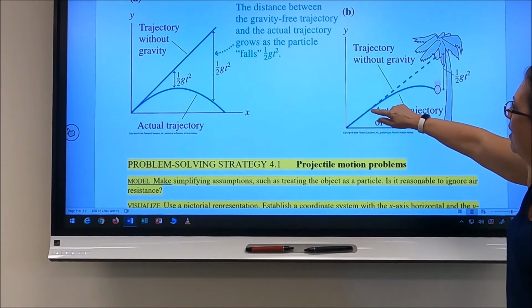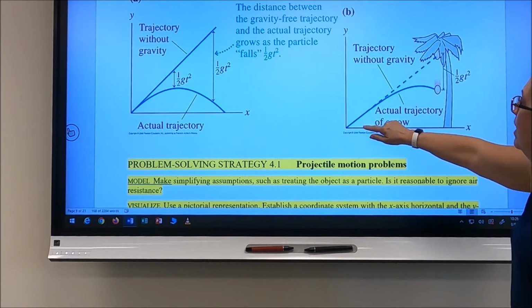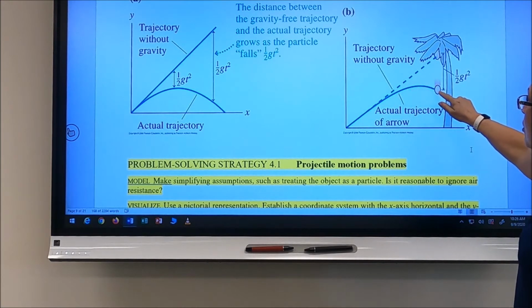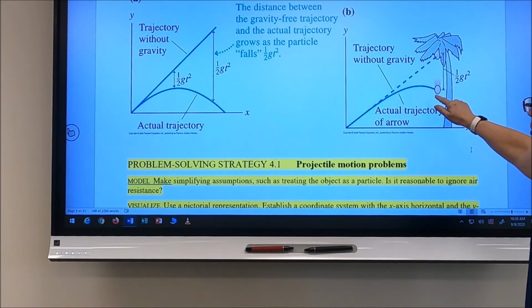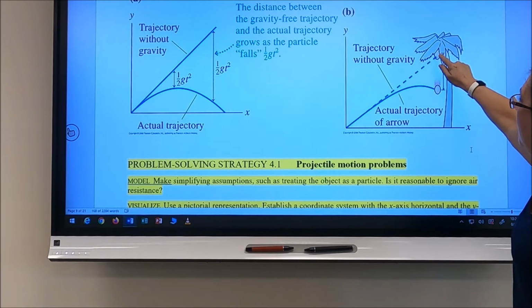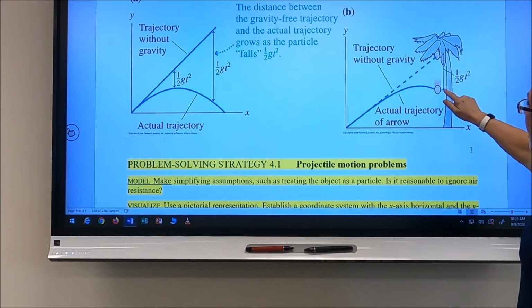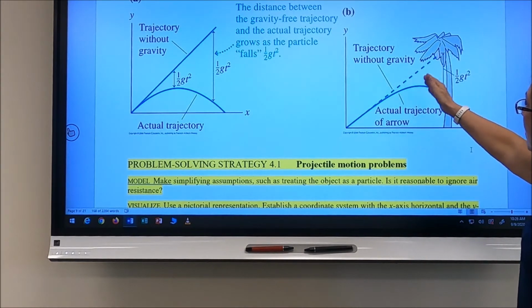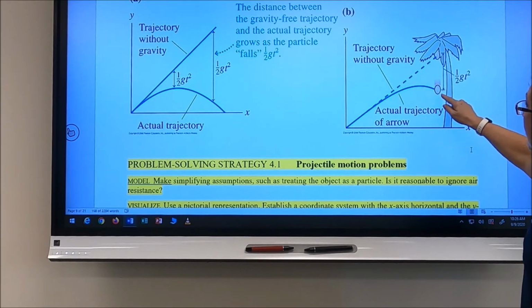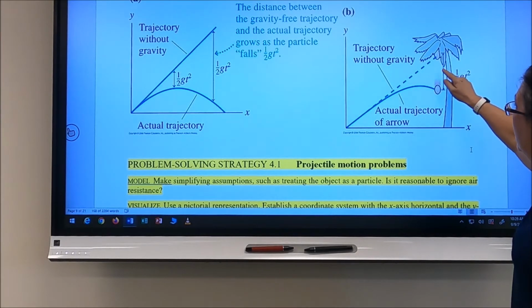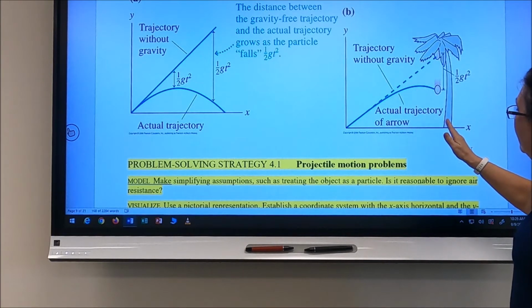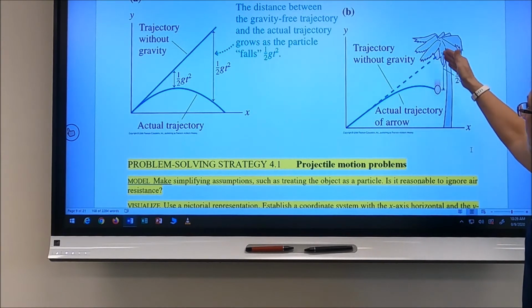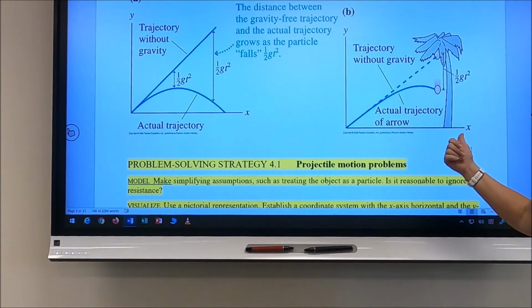But because our arrow, or our bullet, experiences acceleration due to gravity as it falls, its trajectory turns. If the coconut is dropped at the exact same instant that we fired our bullet, it turns out that the bullet and the coconut would meet up, because over that time window, they would have both experienced the same amount of acceleration due to gravity in the negative direction.